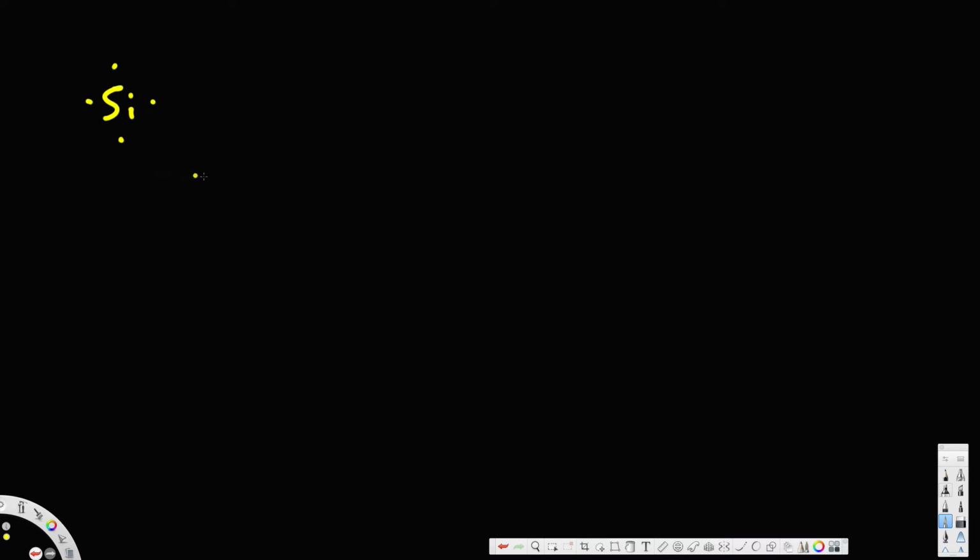So I'm going to put other silicon atoms around it. Each silicon will be attached to 4 other silicon atoms. Each of them has 4 valence electrons. Now, in order to form a covalent bond, we have to have two electrons like this.